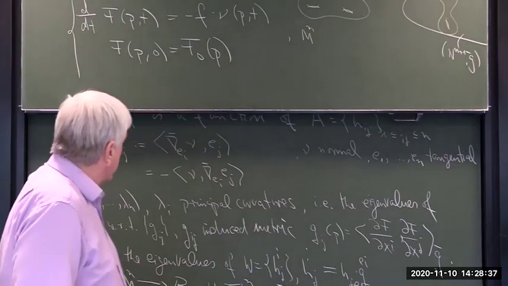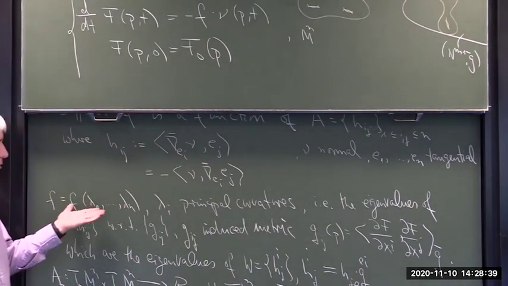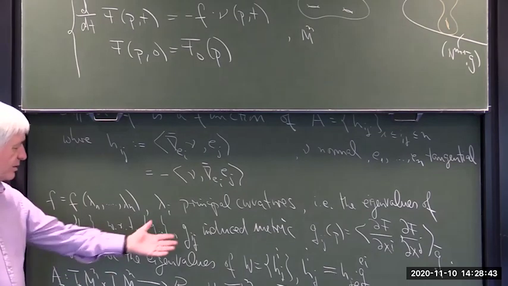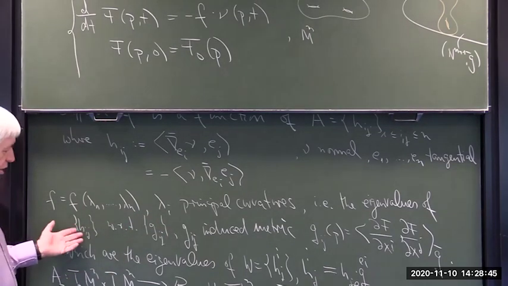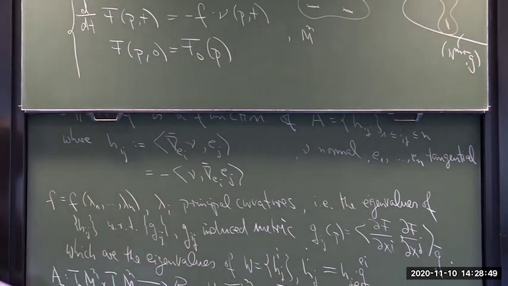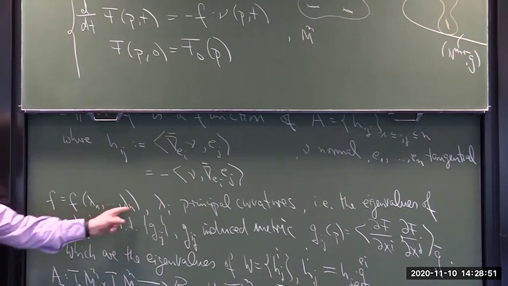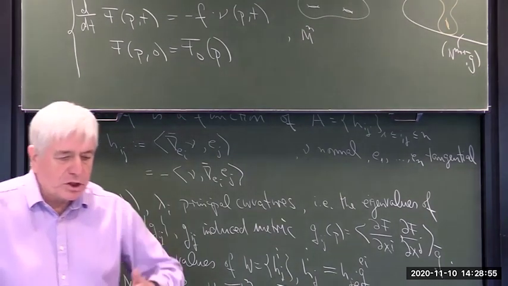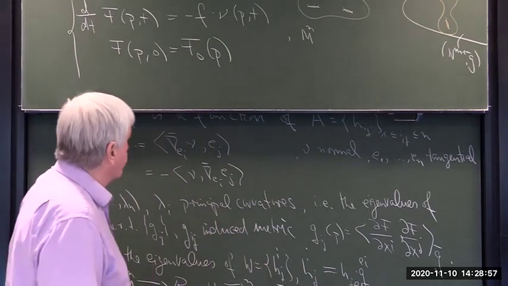So these are the key invariants really encoded in the two matrices Gij and Hij, or in the matrix H upper i lower j, and we want our function to depend on lambda 1 up to lambda n in a homogeneous and symmetric way.